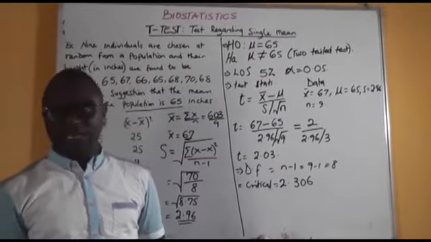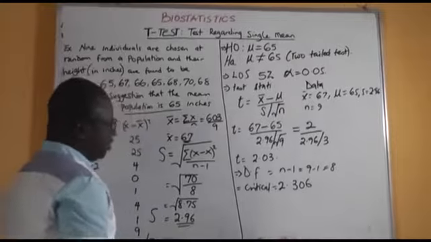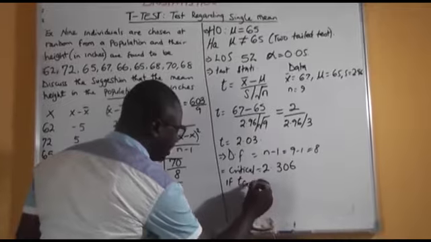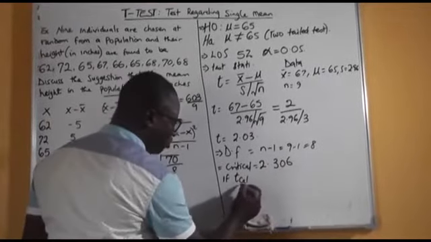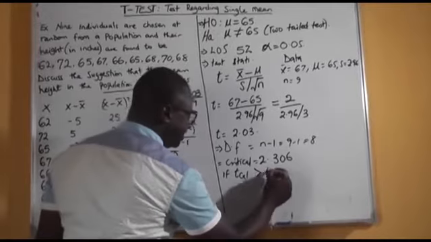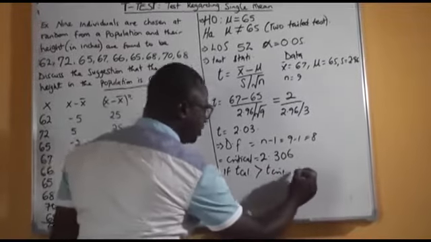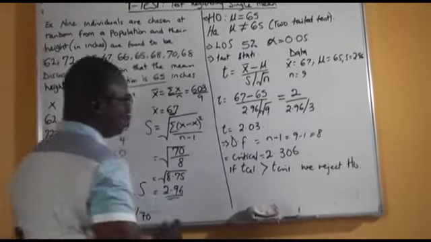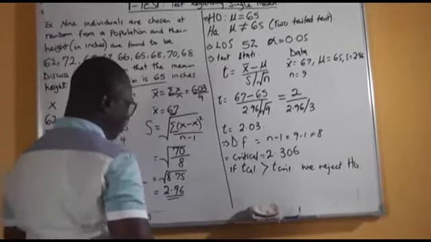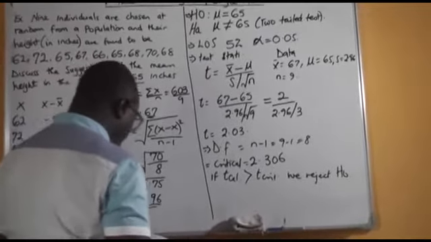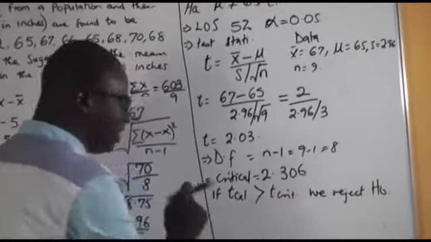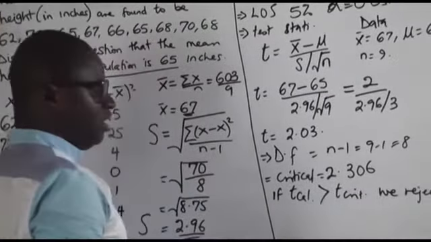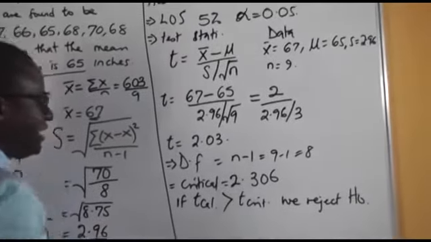So how do we decide? Remember our decision rule: if our T calculated value is greater than our T critical value, we reject the null hypothesis, we reject our H0. But from our values, you discover that our calculated value is less than our T critical value.